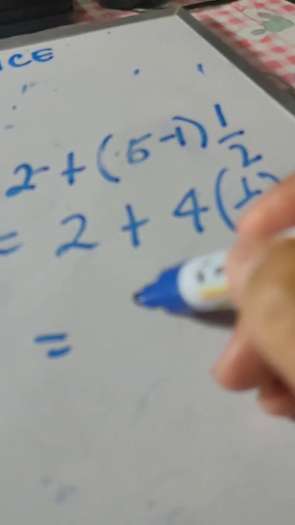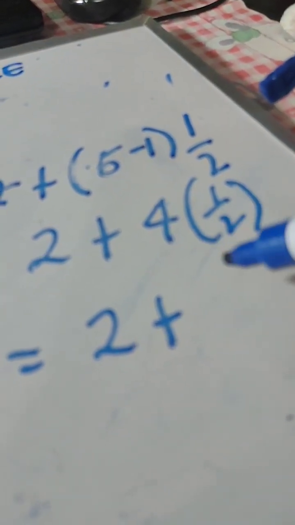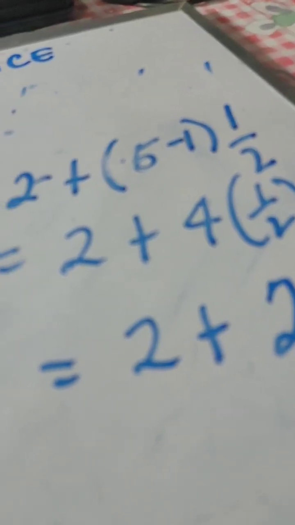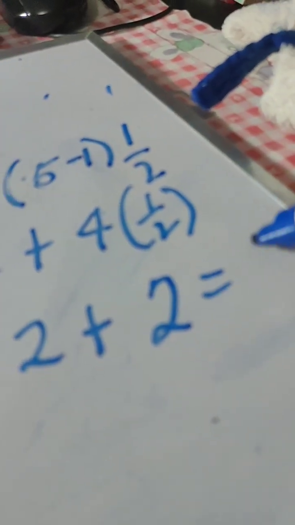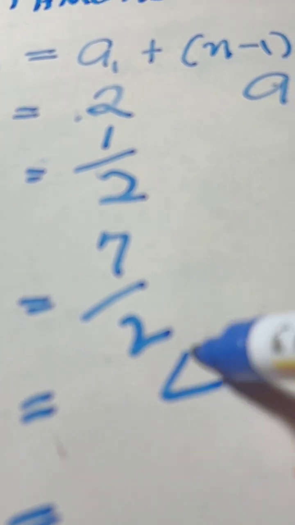So, we have 2 plus 5 minus 1 is 4. And we have 1 half. So, it is 2 plus, what is 1 half of 4? You are going to divide 4 by 2. That is equal to 2. So, our answer is 4. That is our a sub 5. So, our a sub 5 is 4.